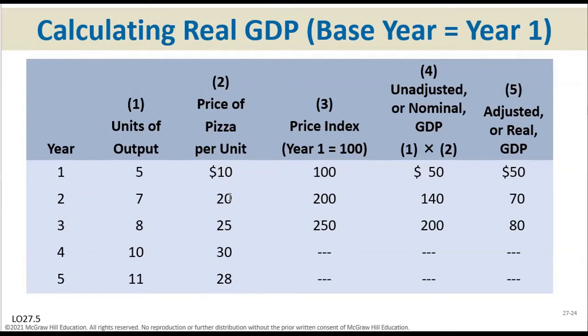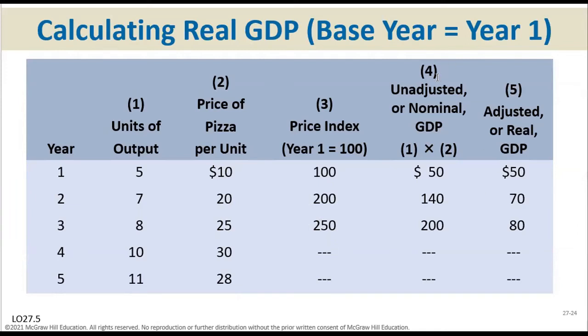The price of the basket in a specific year, year two, which is 20, divided by the base year, which is 10, so 20 divided by 10 times 100 gives you that. So if you follow the same logic, you take 25 divided by 10 times 100, you see this. So follow the same logic and check your understanding of how to calculate the price index.